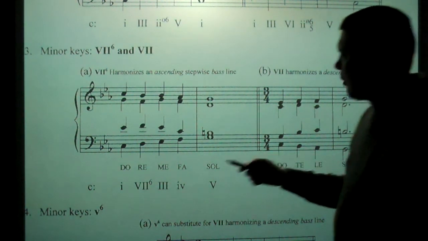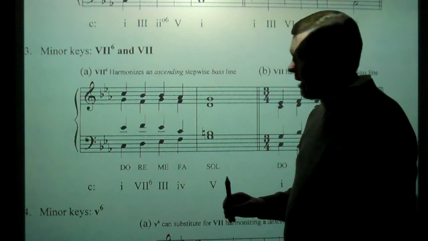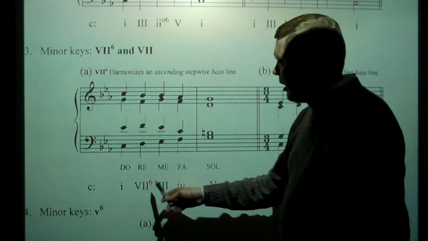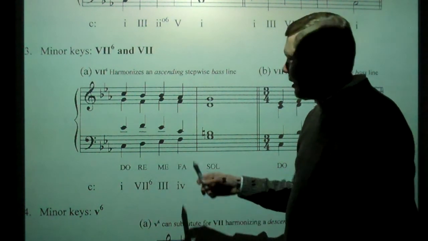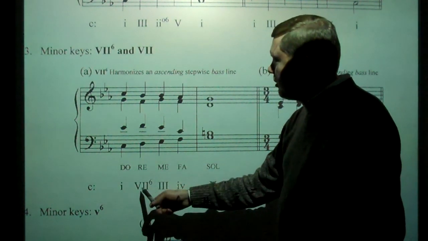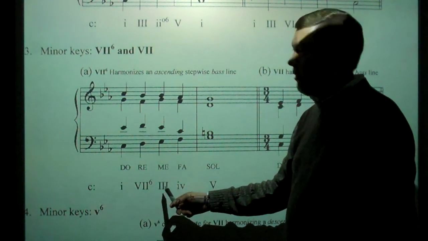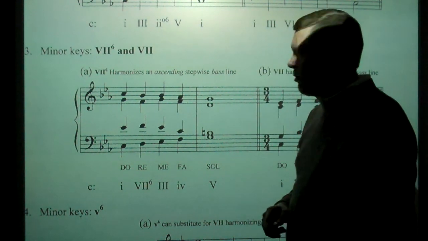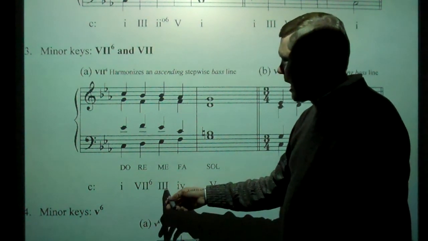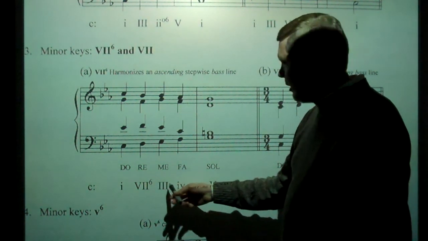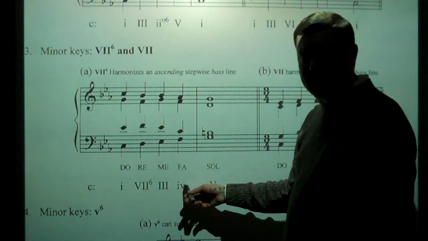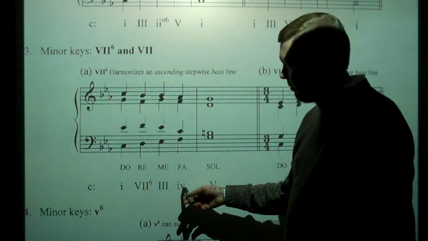You will notice that when the first inversion capital 7 chord is used in this ascending bass line, it is always going to move to a capital 3 chord. We talked about capital 3 chords before. And this capital 3 chord, as it should, is going to a normal or regular predominant chord.